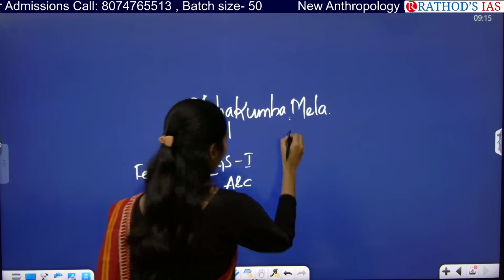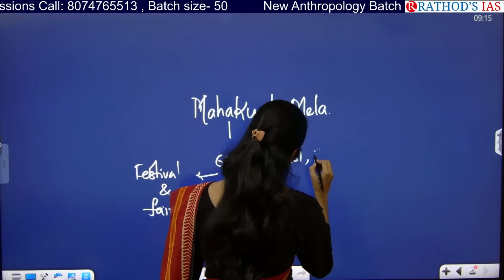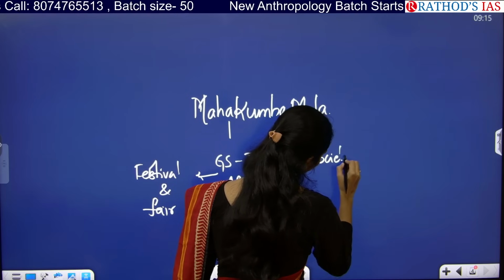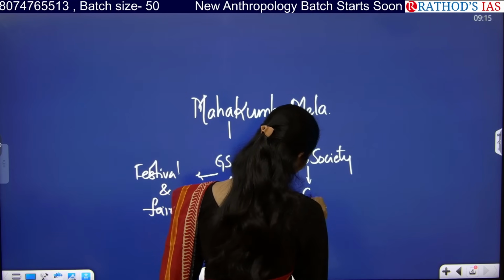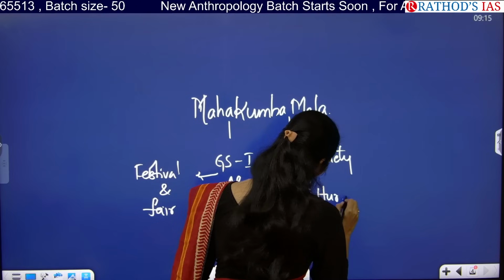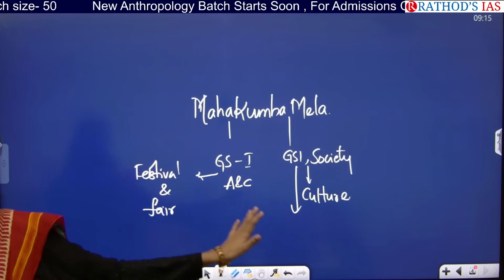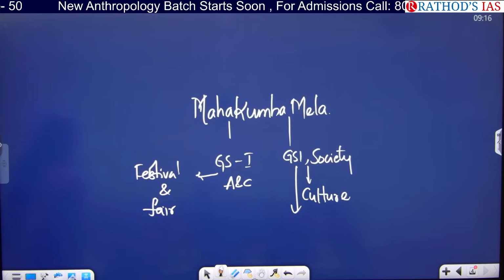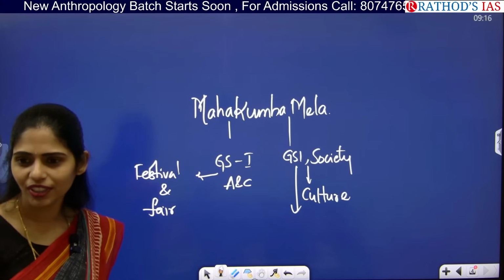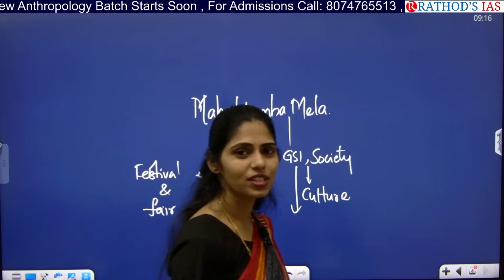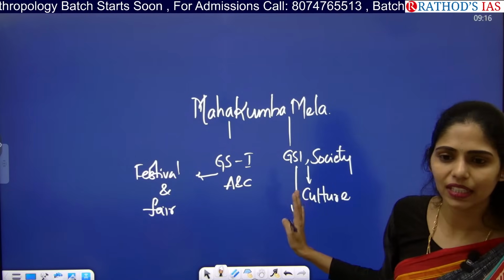Yes, society. Why society? We can understand the culture of people there, and even the cultural exchange between the people which happens at these religious congregations. And next, unity. It is an example of unity because large gatherings happen at these melas.